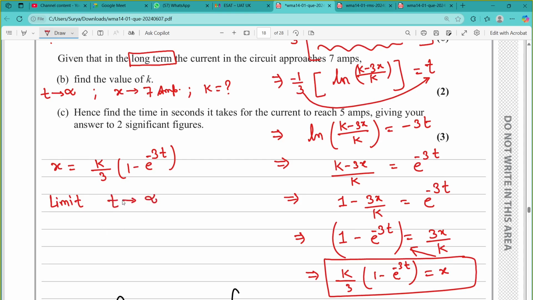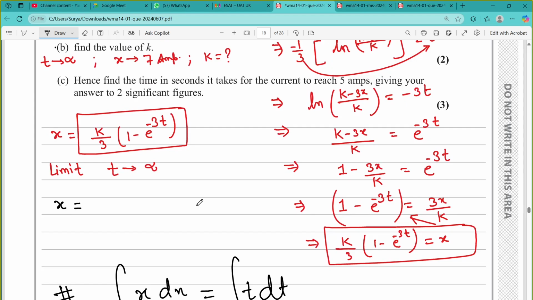Can you tell me what should be the value of x if you apply this limit as t tends to infinity? It should be k over 3, 1 minus e raised to power minus 3 times infinity.